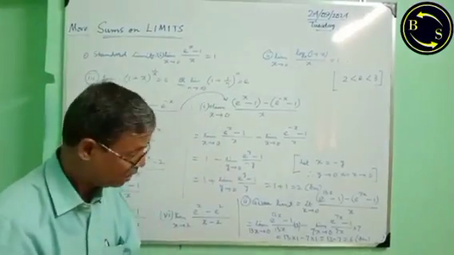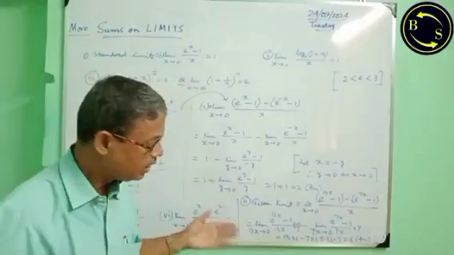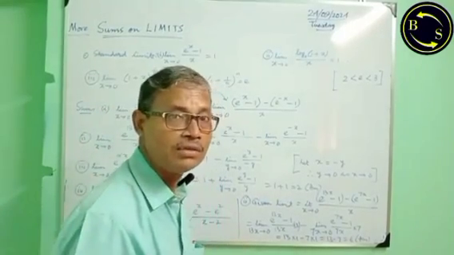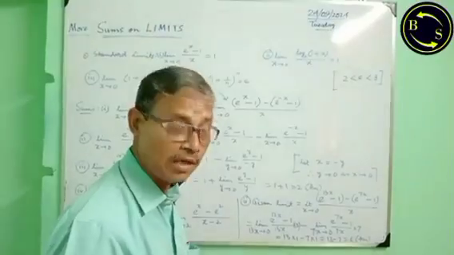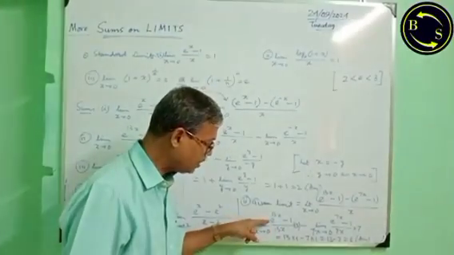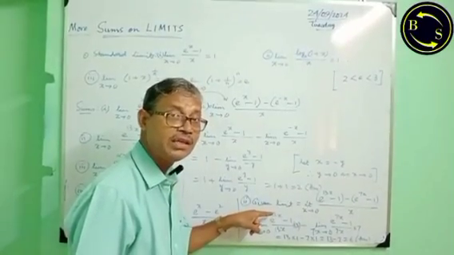See this. We need not write in each case the change of variable clearly. We can write it also directly. Here we find e to the power 13x.